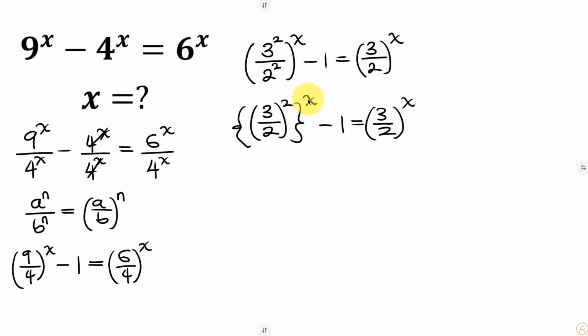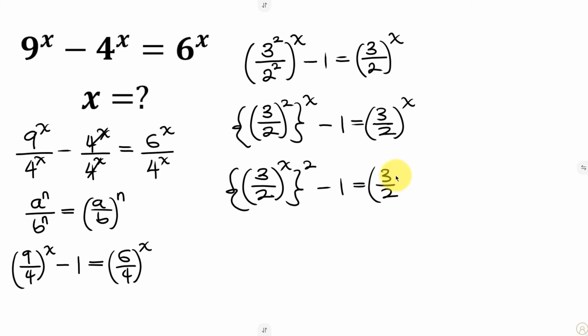Now we can switch the positions of these powers because they actually multiply according to the law of indices. That means this expression can be written as 3 over 2 all raised to the power of, now switch the position of the x inside. Now we're going to be taking the 2 outside. Very good. Minus 1 equal to 3 over 2 all raised to the power of x.